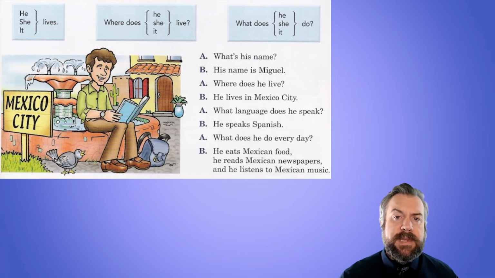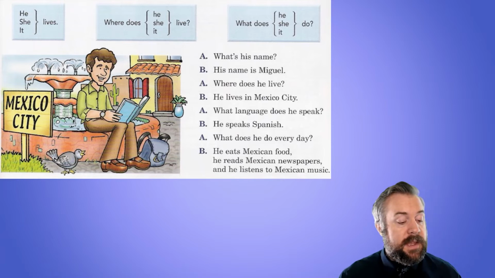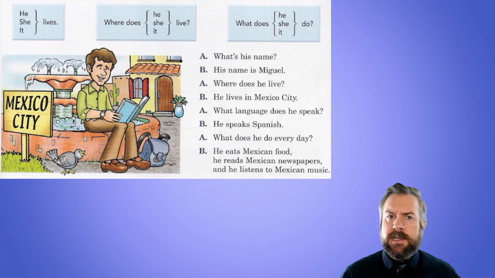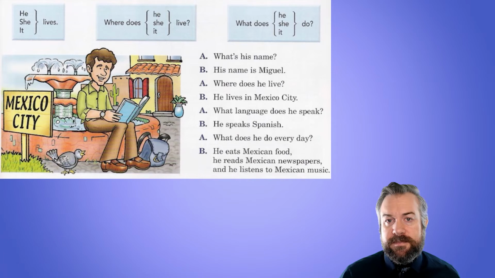Okay. So from this example, you can already see there are some differences, not just the grammar, but if we look at the language, Spanish. But where does he live? Mexico. Mexico doesn't speak Mexican? No. Mexican is a nationality, but it's not a language.